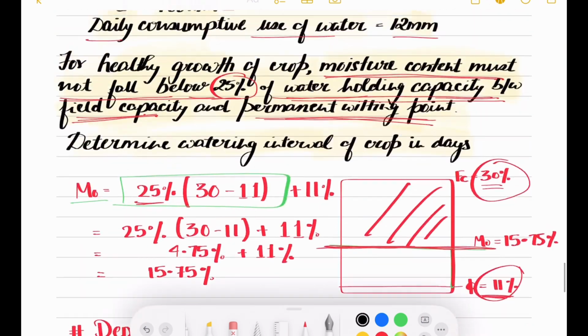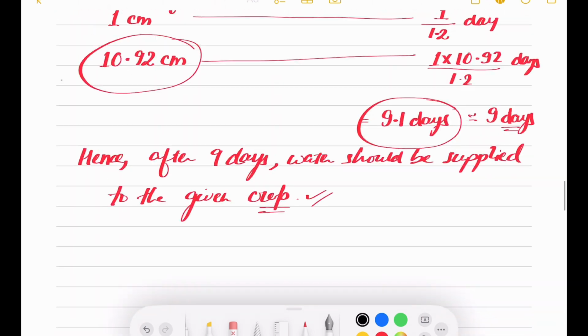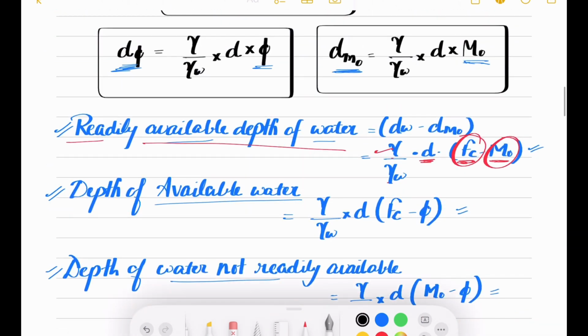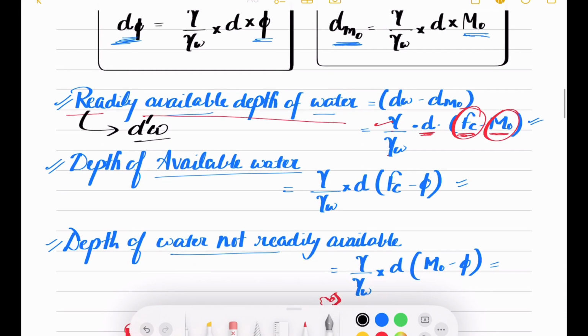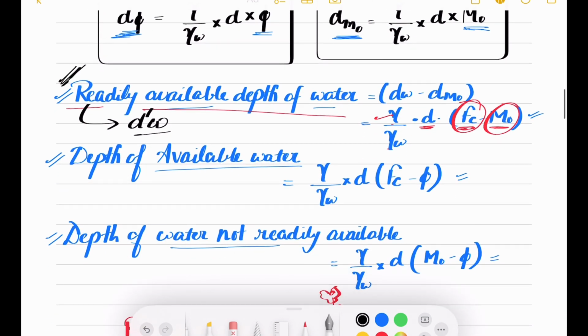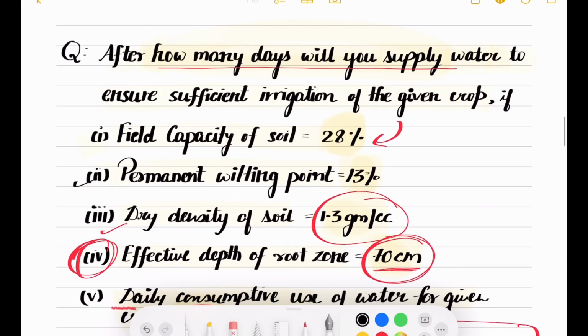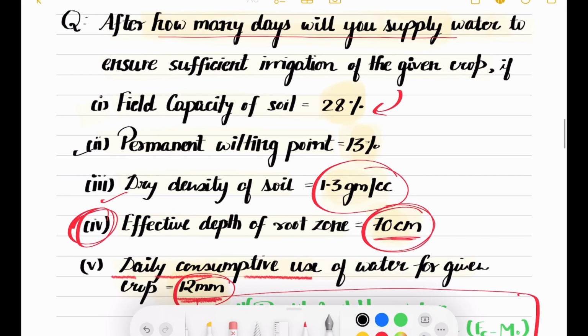D dash w is the depth of water that is readily available. Just in case you want to put it in terms of formulas. Okay, so these are the expressions for the depth of various kinds of water that are stored in the root zone. The numericals, I hope, are clear to you. Try to do the numericals by yourself. If you have any doubt, you can always ask in the comment section.